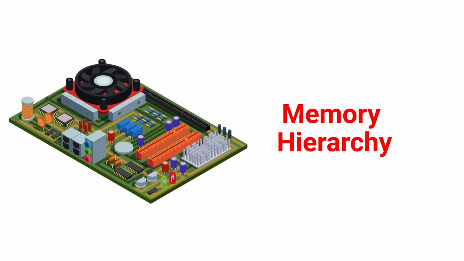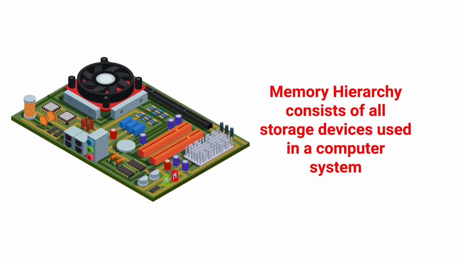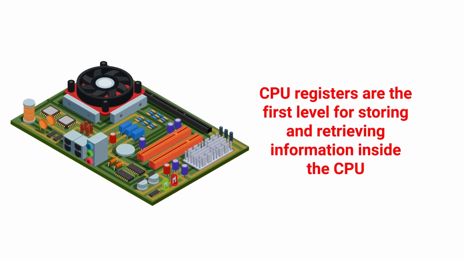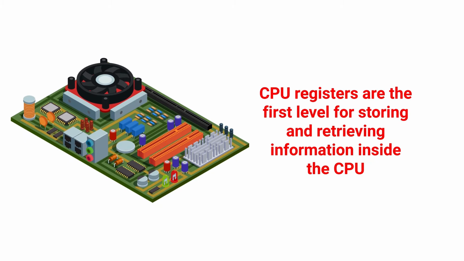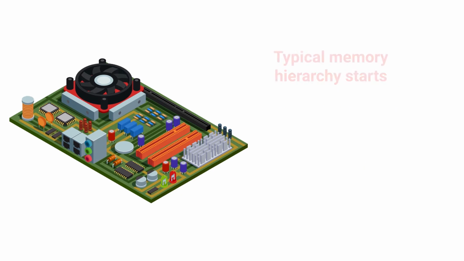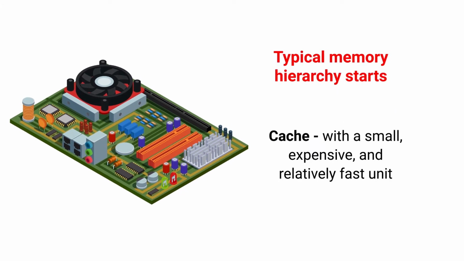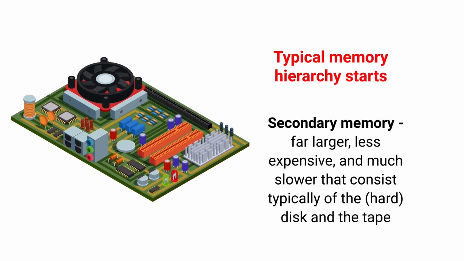Now, since we have many devices used for the memory unit, there is a memory hierarchy which consists of all these storage devices used in the computer system. Since the CPU registers are the first level for storing and retrieving information inside the CPU, the typical memory hierarchy starts after that with the cache memory, main memory and the secondary memory.